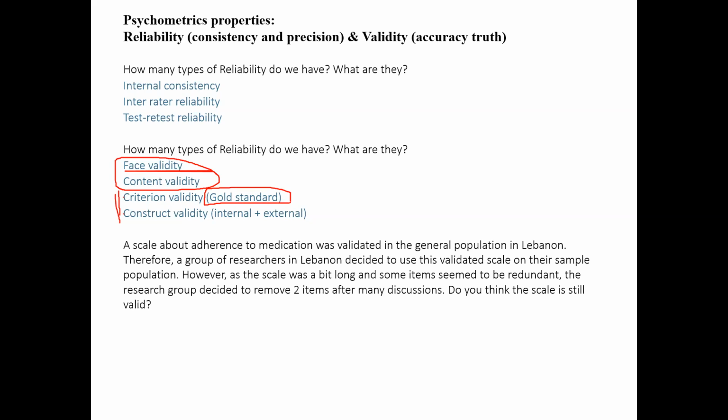If the results of my psychiatrist and the results of the scale are quite correlated, I can consider that my scale is quite valid, because I had answers that are quite similar to the gold standard, which is the psychiatric diagnosis. Does it make sense?